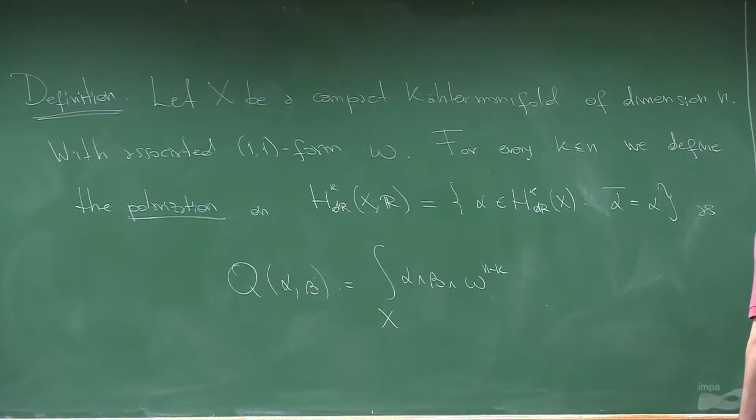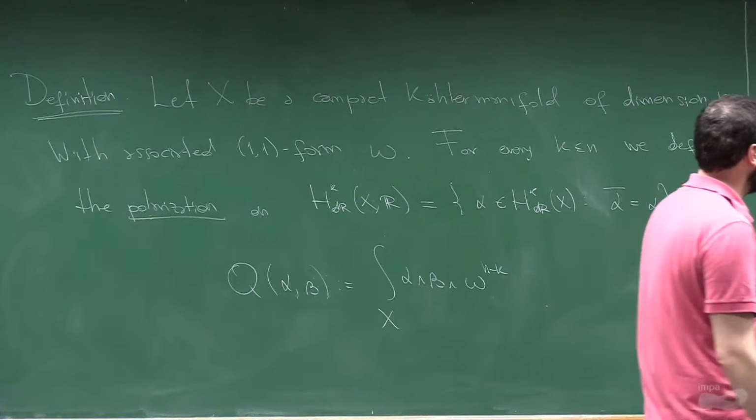And we define the Hermitian form on H^k de Rham of X as follows: H_k of alpha and beta is by definition i to the k times the integral over X of alpha wedge beta bar wedge omega to the n minus k.